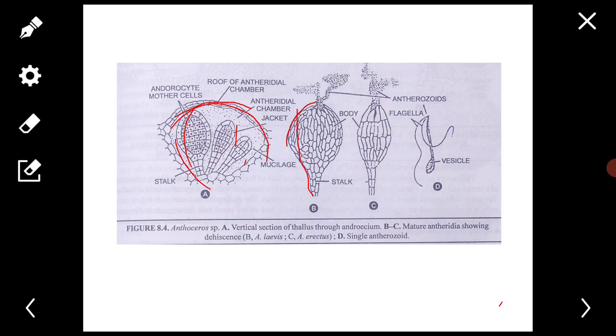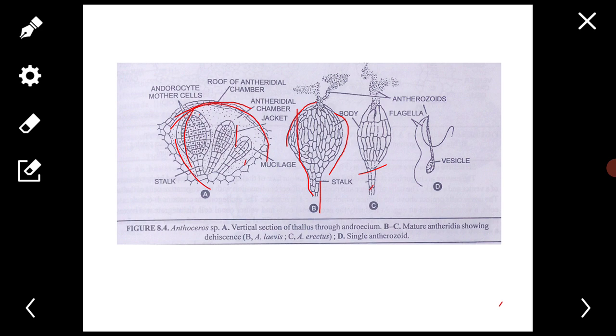The mature antheridium is orange in color, differentiated into a long stalk and a club-shaped body. The stalk is multicellular, cylindrical, and consists of elongated cells, usually arranged in four vertical rows.